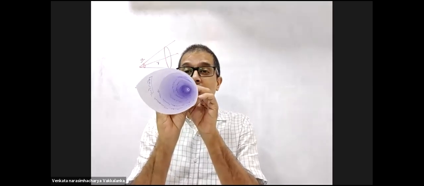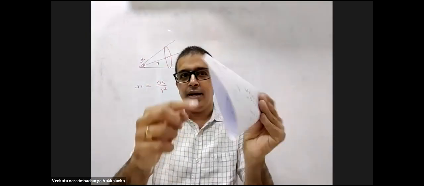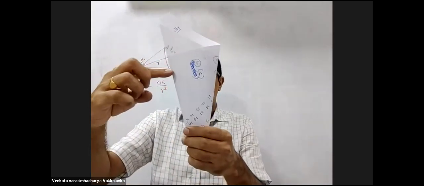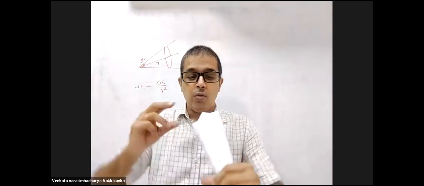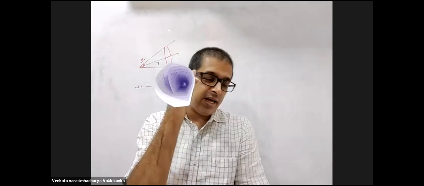This is the solid angle. What will be the linear angle? Linear angle will be this. Now this became a line. Line divided by R is linear angle. Here, what is the angle? Solid angle. Are you able to see the solid angle inside?